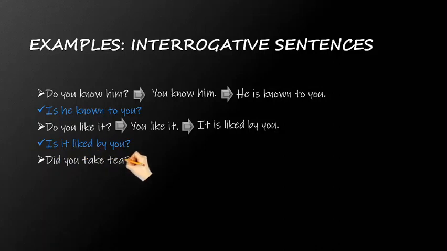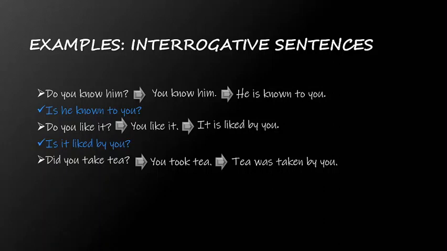Then, did you take tea? We can have this sentence and we can convert it into a statement. You, remember the did, took tea because did is past. And then we can have tea was taken by you. So there, we can have it. And now our job is to convert it into an interrogative sentence.